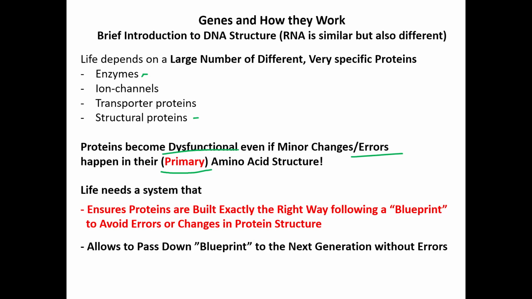So what life needed and evolved over millions and millions of years is a system that makes sure that proteins are synthesized, built exactly in the right way by following a blueprint. And by following that blueprint, a lot of the errors can be avoided that otherwise would lead to a change in protein structure that renders those proteins dysfunctional.